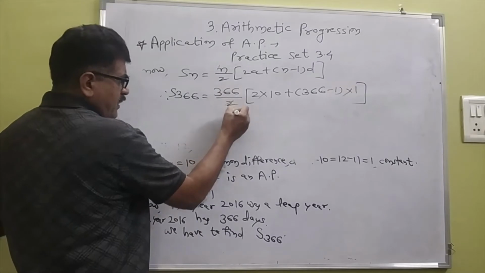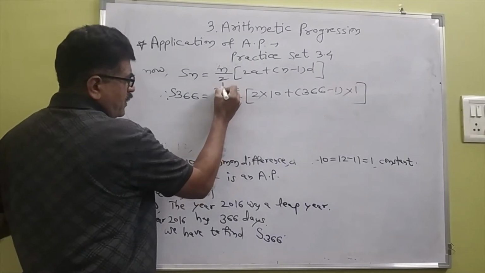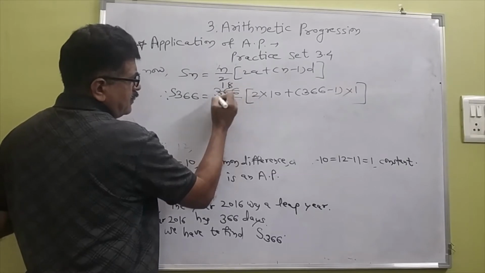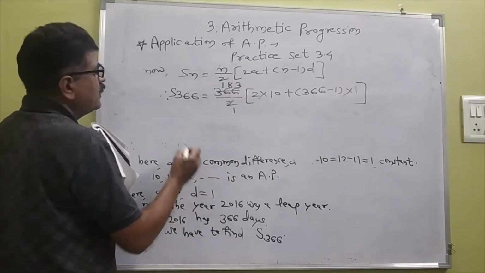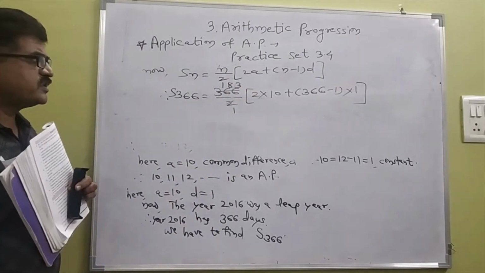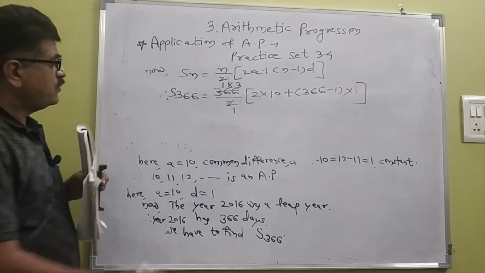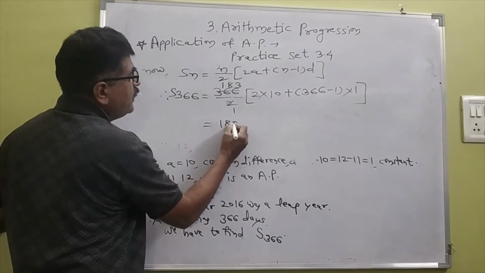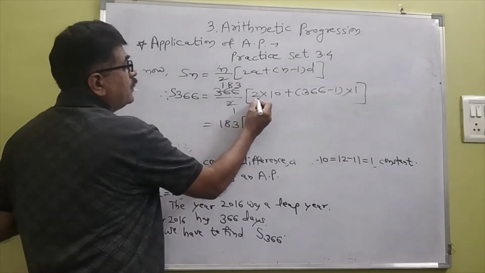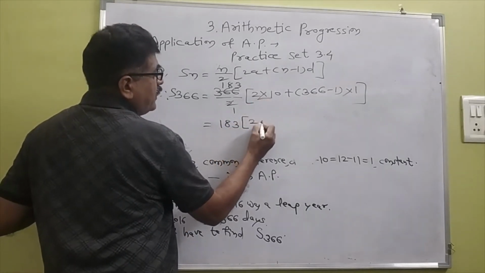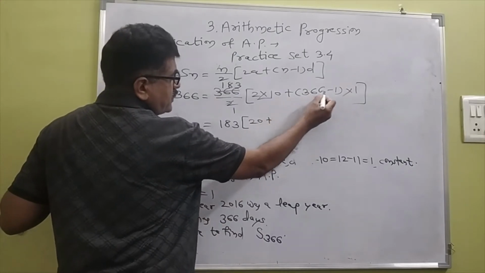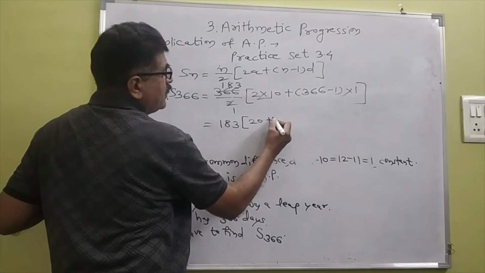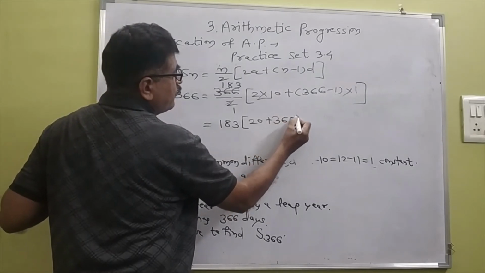Now here, dividing 366 by 2, we get 183. Now we have to find the value of this. Therefore S366 is equal to 183 into bracket 2 into 10, that is 20, plus 366 minus 1 is 365 into 1, that is 365.